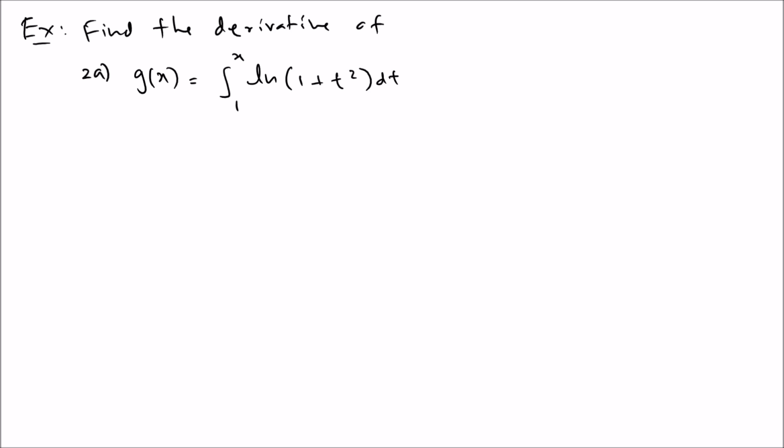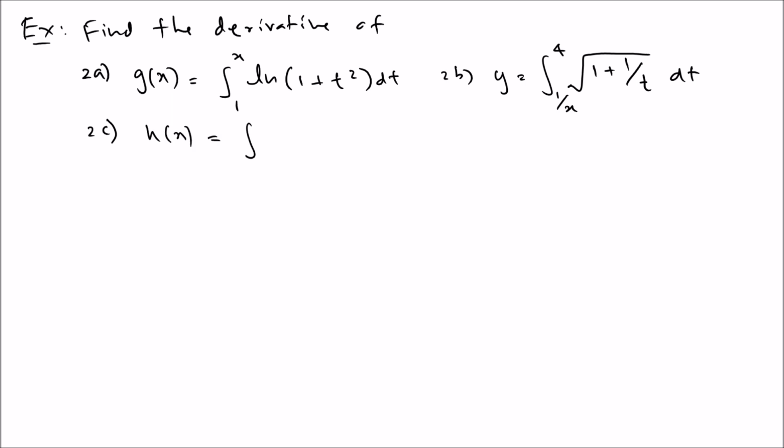That's the first one. And then 2b: y equals the integral from 1 over x to 4 of the square root of 1 plus 1 over t dt. And then 2c: h(x) equals the integral from 0 to tan x of e to the negative t squared dt. Okay, you can find the answers for this in the description.